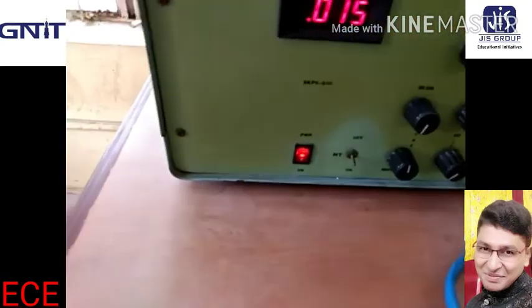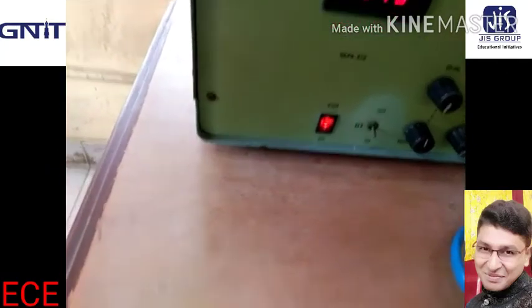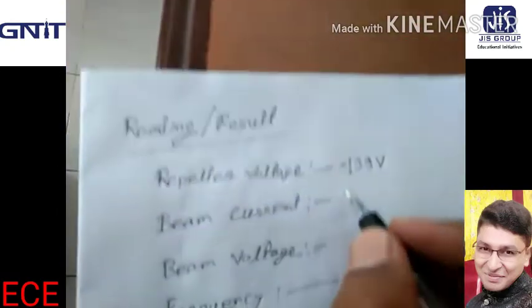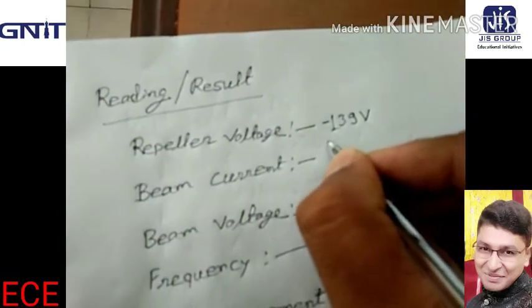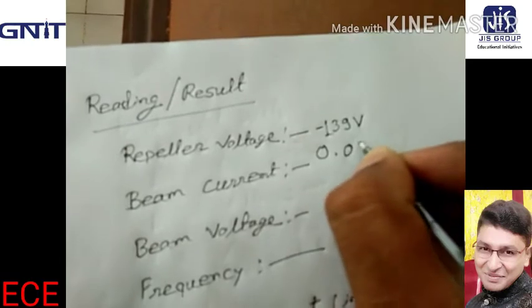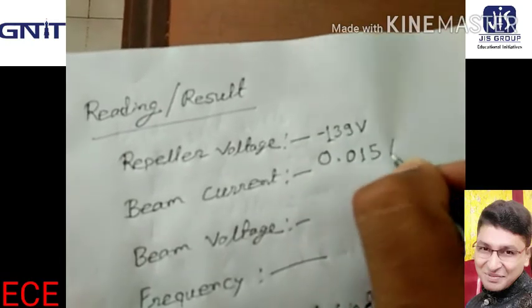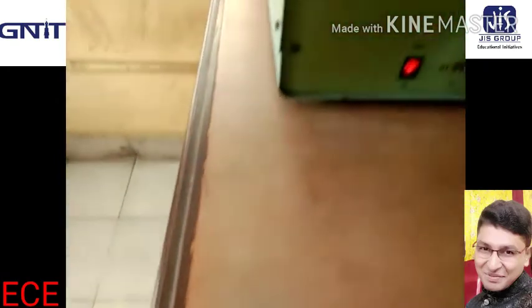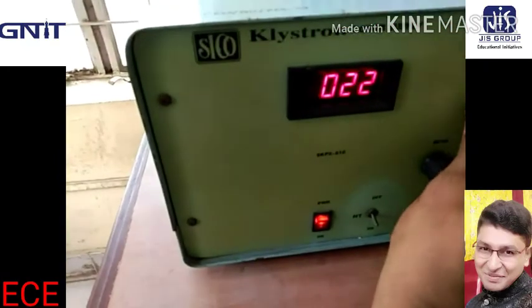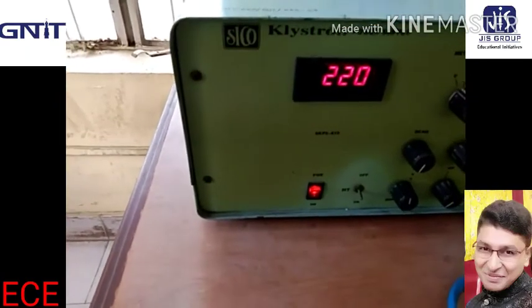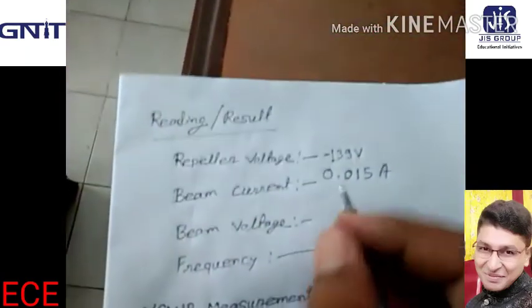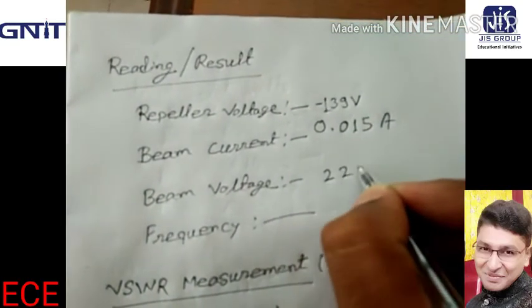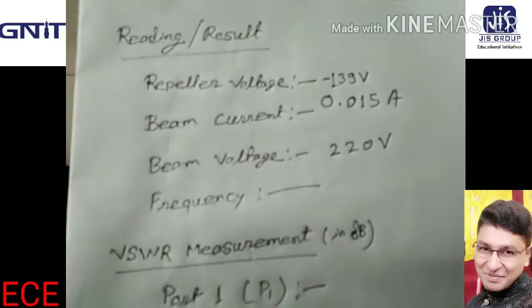Beam current is 0.015 amps. This is our beam current. Now beam voltage is 220 volt. This is our beam voltage.